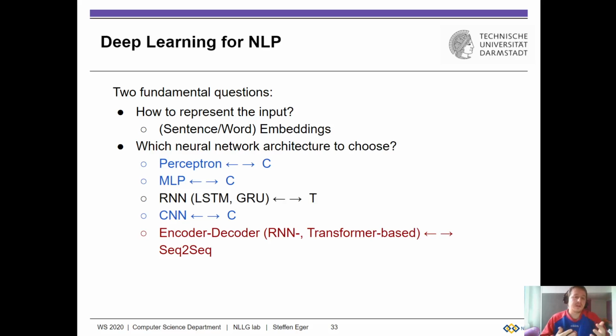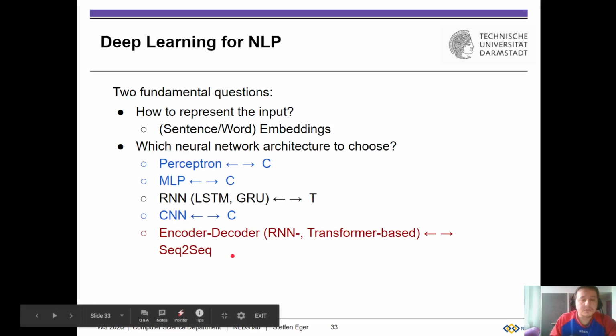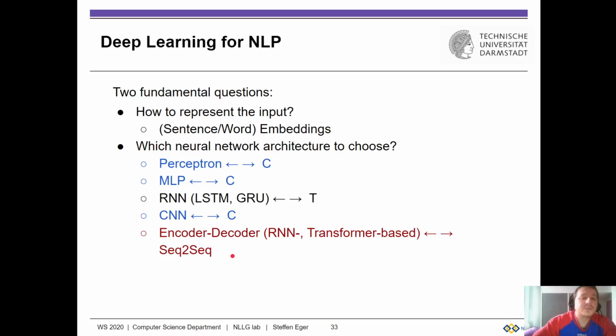And then I said in the slide before that there is this classical categorization of NLP problems into classification, sequence tagging, and sequence-to-sequence models. There are natural relationships between these high-level NLP problems and the neural network architectures proposed, and this is the one that I've shown here.